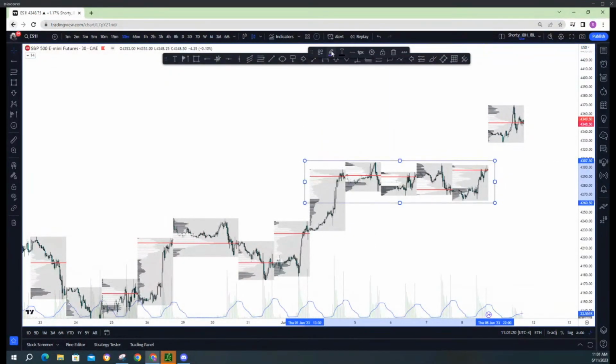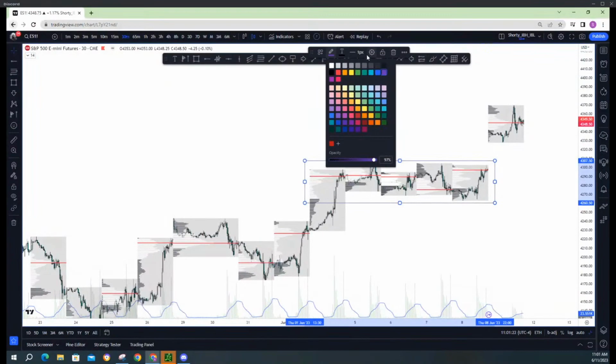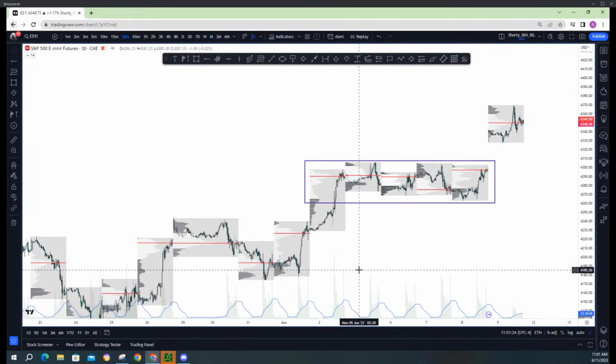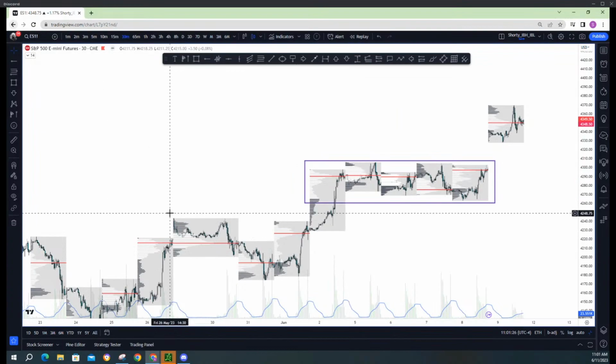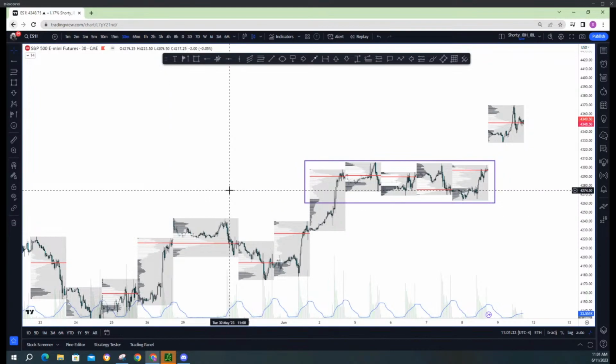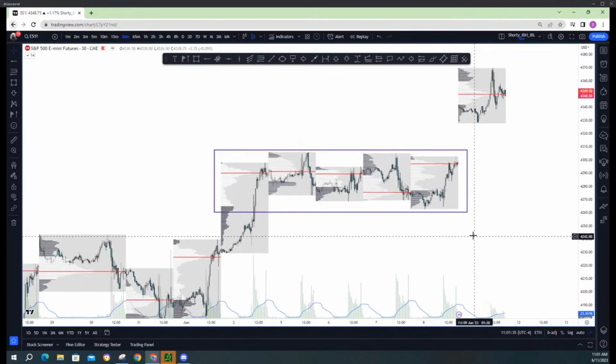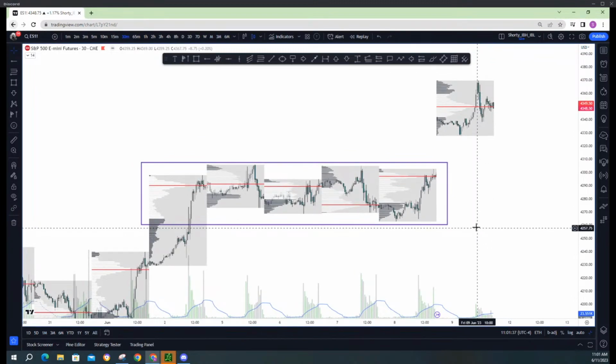For them to sell on top and come back to our balance, or continue higher. But I doubt it. Anyone else? They have to come back to accept the new value. Come back down.